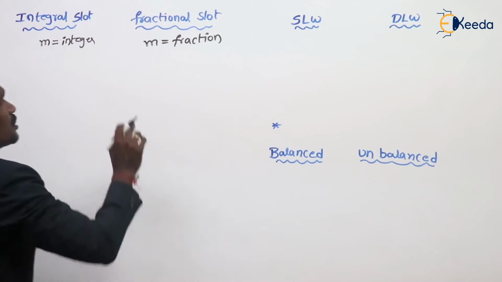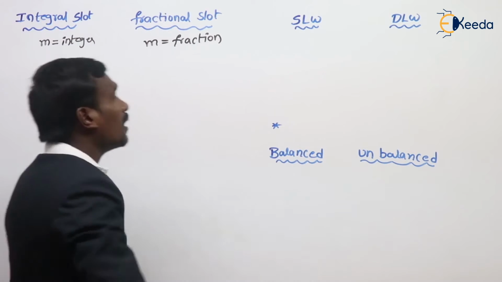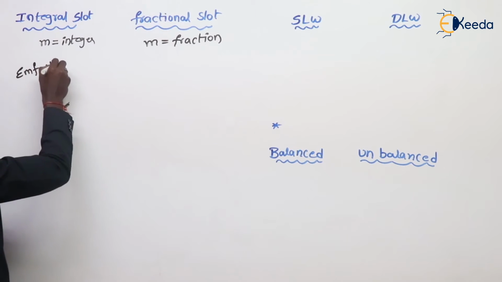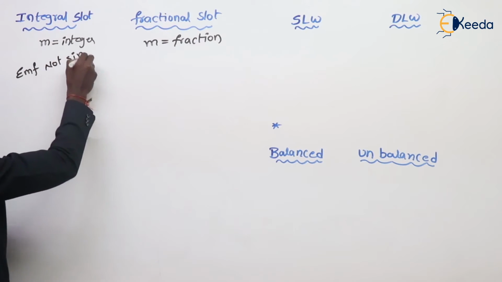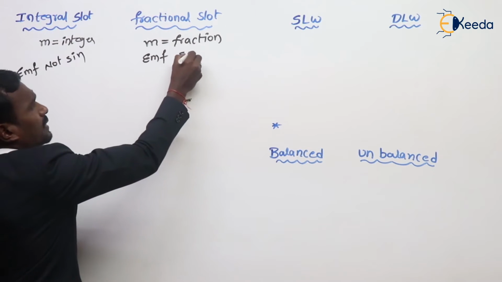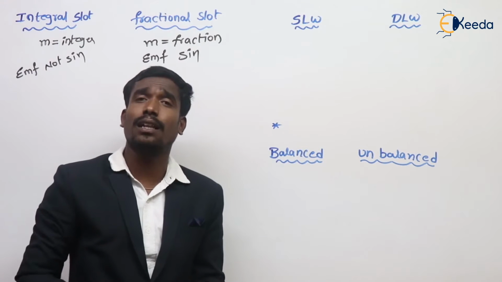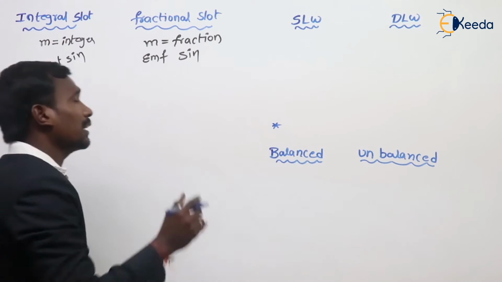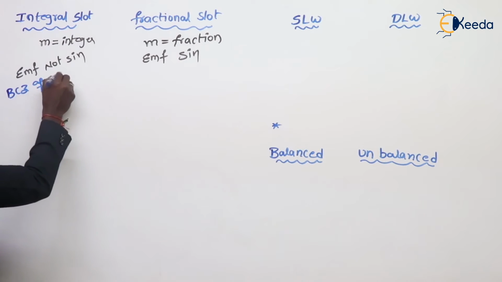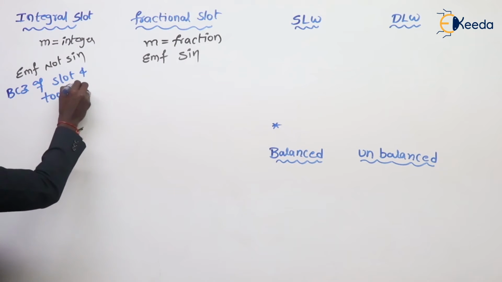Before that, why are we generally using fractional slot winding? Because in integral slot winding, the EMF is not sinusoidal, but in fractional slot winding, the EMF is sinusoidal. Sir, why is the EMF not sinusoidal in integral slot winding? Because of slot and tooth harmonics.